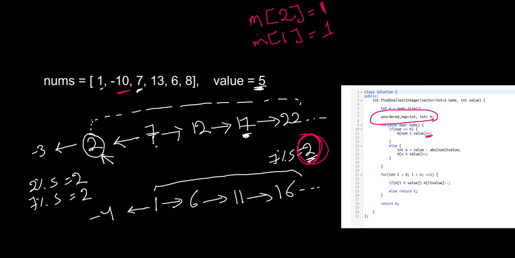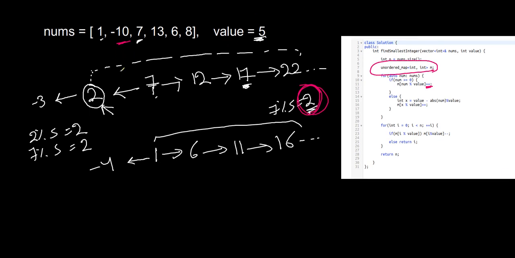For a minus value, minus 10 plus 5 is minus 5, plus 5 is 0, then 5, then 10, and so on.